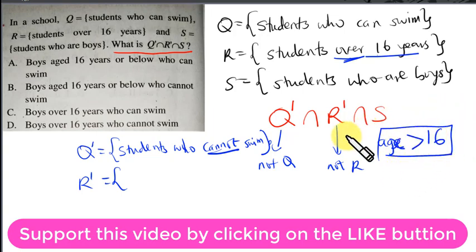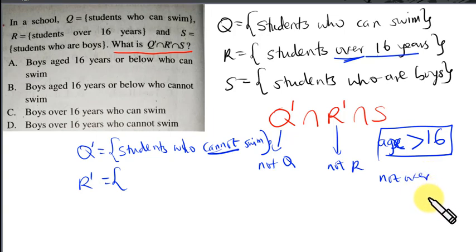Now, if we are finding R complement, it means we are finding those who are not over 16 years. Not over 16 years means you are either exactly 16 or you are less than 16.